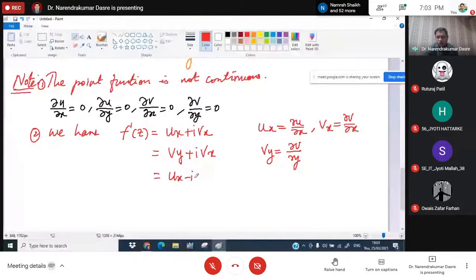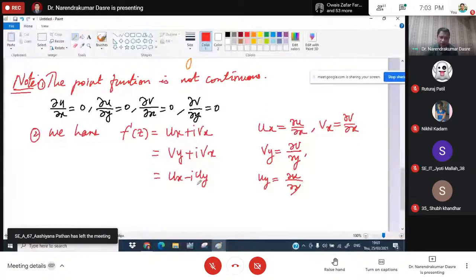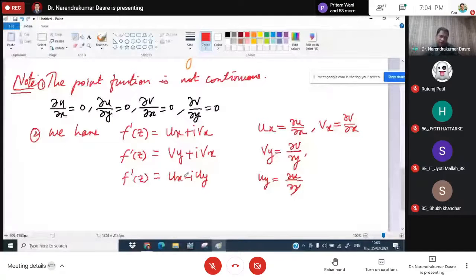And as we know, vx is equal to minus uy, or uy is equal to minus vx. So you can write this function f'(z) in different ways. If I know u and v both, then I can write it like this.